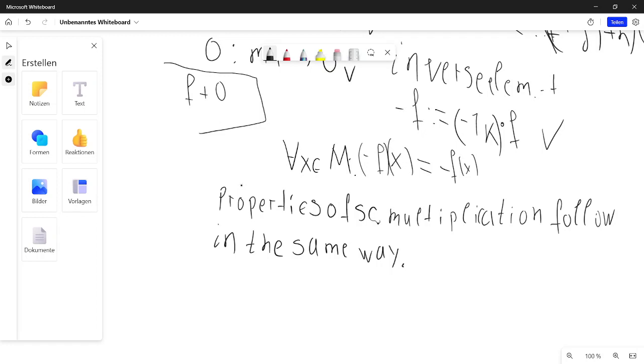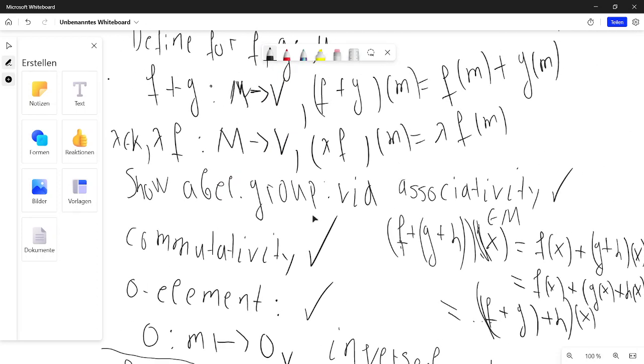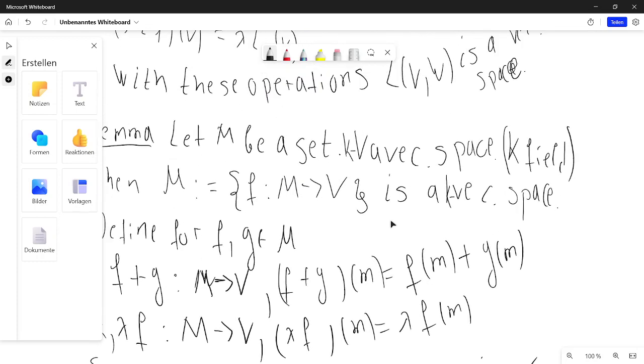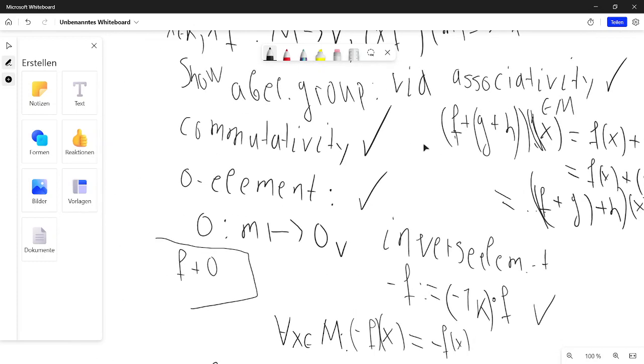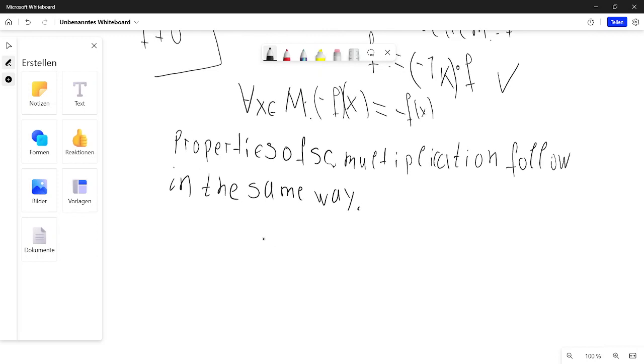We just disperse the structure over all points, but we do exactly the same as we would do in the vector space V itself, right? So, well, you have to believe me or you have to prove it yourself. It's no trouble at all.